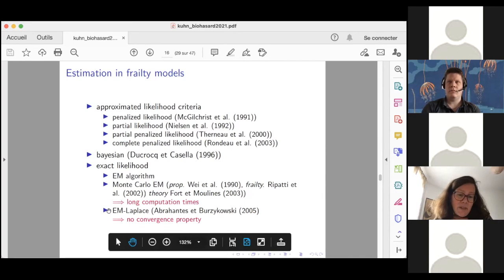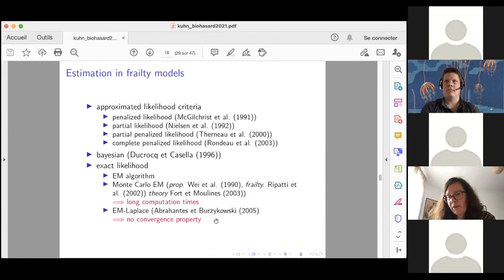And here you have another EM approximation, which is based on the Laplace approximation, the common Laplace approximation for integration. Here you have no convergence property. If your Laplace approximation performs well in your setting, it's okay, but there is no reason it will perform well in each setting.